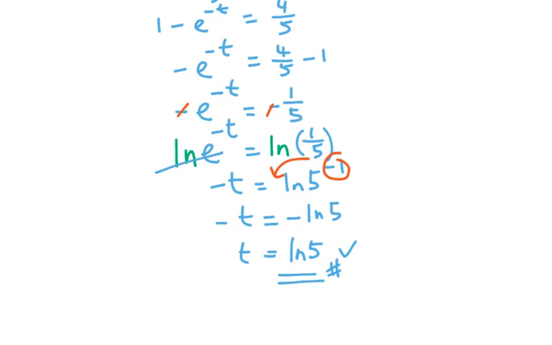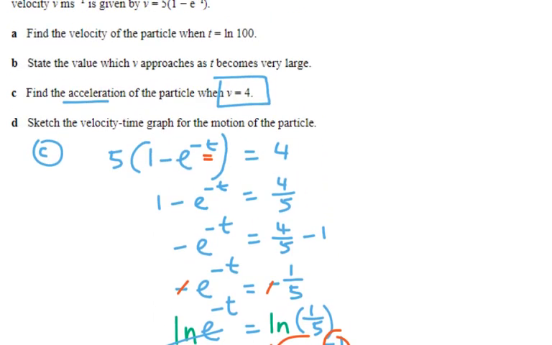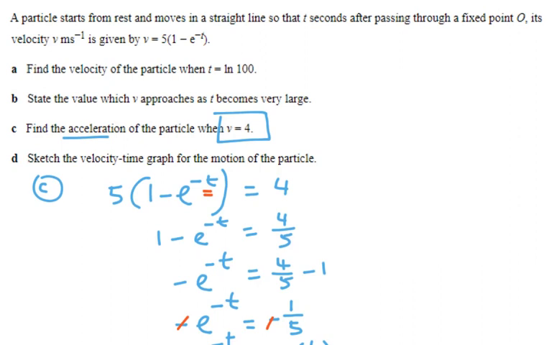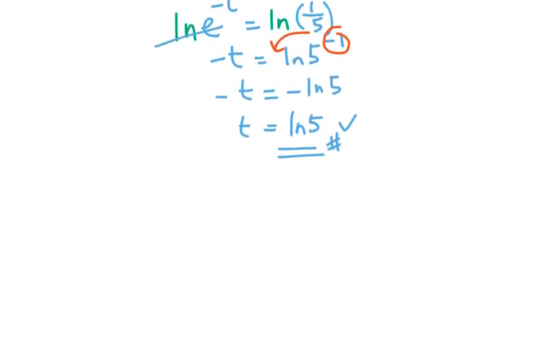Okay, now since we have the value of t, it will be easy for us to get the acceleration. Take the equation of v and differentiate it, and you will be able to get the acceleration equation. So acceleration can be found by dv over dt. So 5, we're keeping it.